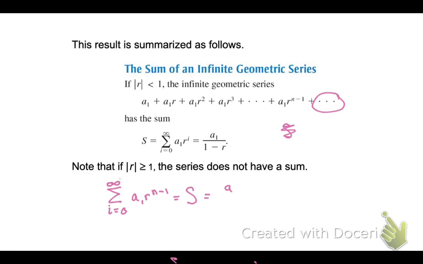A sub 1 over 1 minus r. It says r to the i instead of r to the... because they started at where? But you put 0. Oh, sorry. I'll put 1.